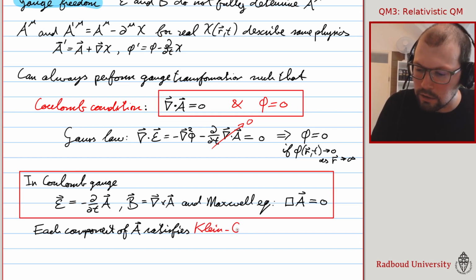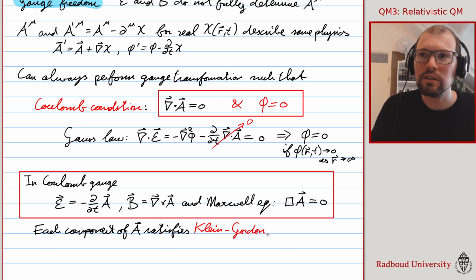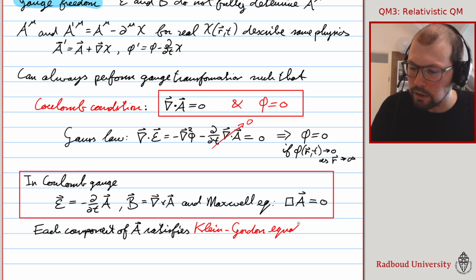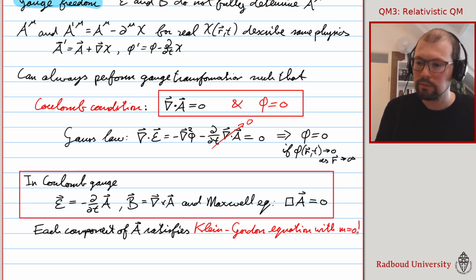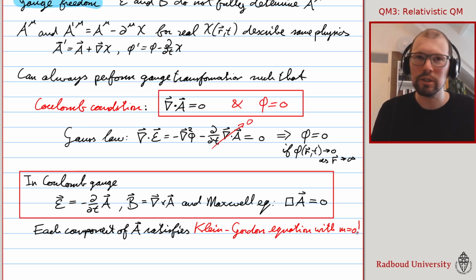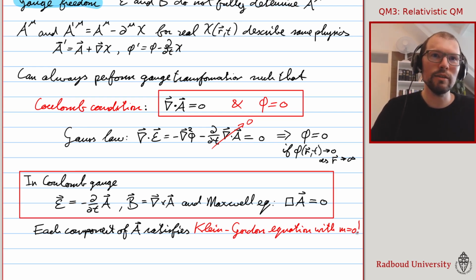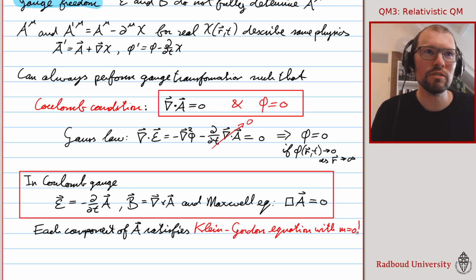Well, not any particular Klein-Gordon equation, but the massless one, with m equals 0. Now, of course, this is no surprise because we know that light travels at the speed of light, so the particles that it's describing better be massless.